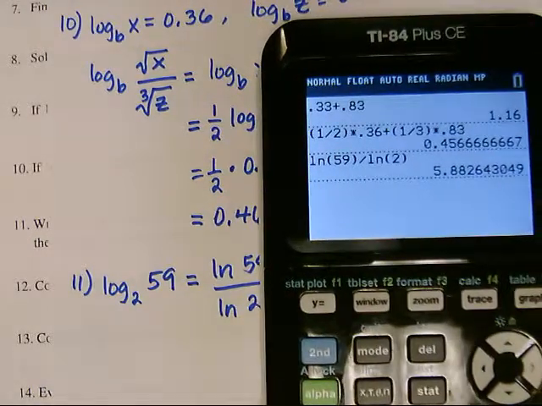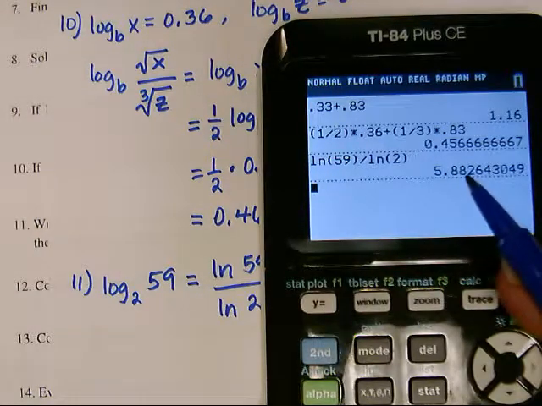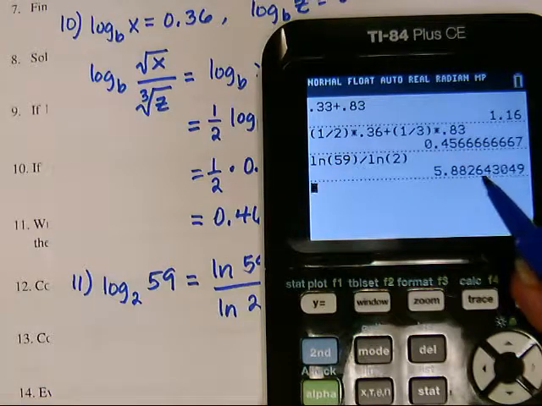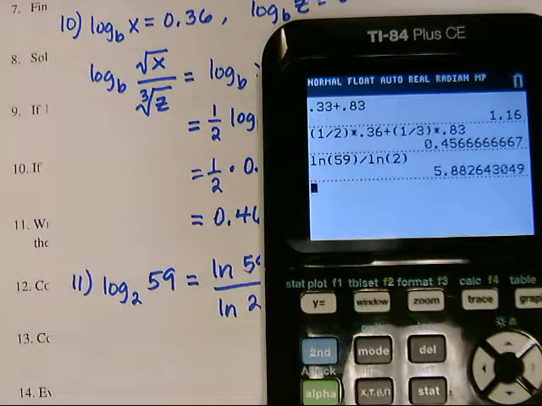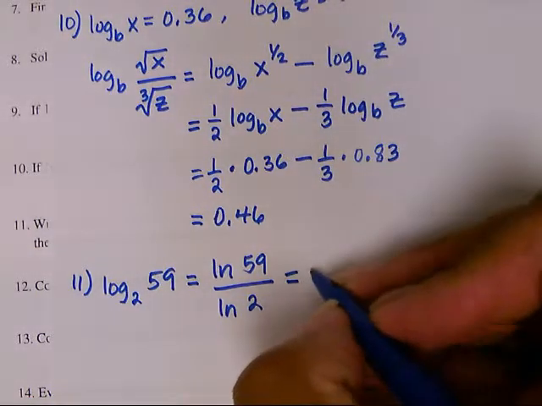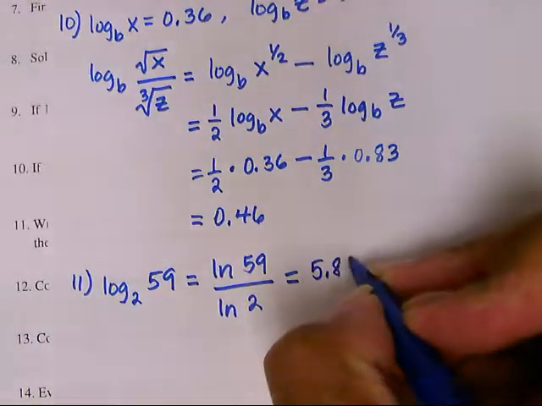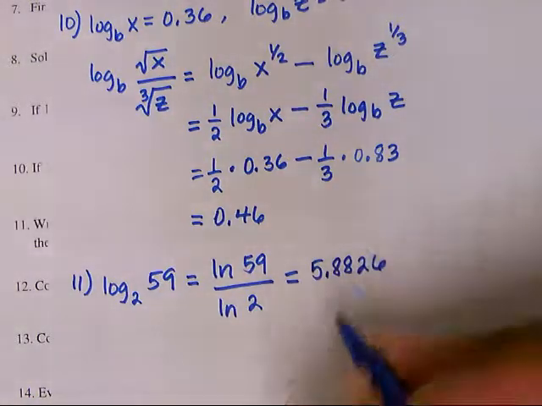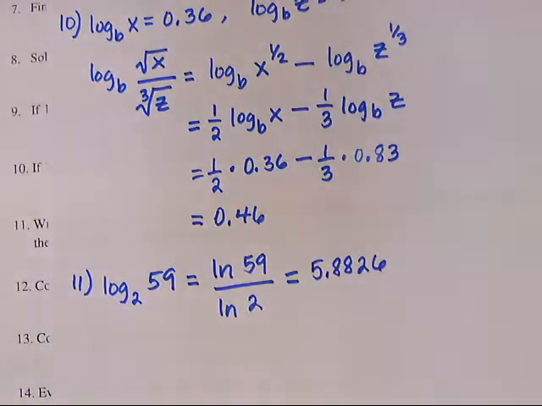Now we want this answer to 4 decimal places, so this will be 5.882, and we're going to leave the 6 as is because that 4 is less than 5, so it'll be 5.8826. So that will be log to the base 2 of 59.